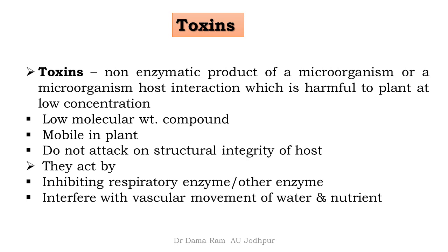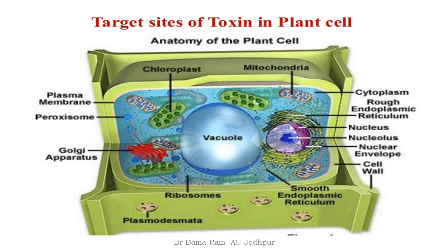So finally, the toxin hypothesis was experimentally proved with the study of a metabolite of Cochliobolus, earlier known as Helminthosporium victoriae, the fungus which causes Victoria blight of oat. In vivo toxins we will discuss later. So what are the target sites of a toxin in plant cells?